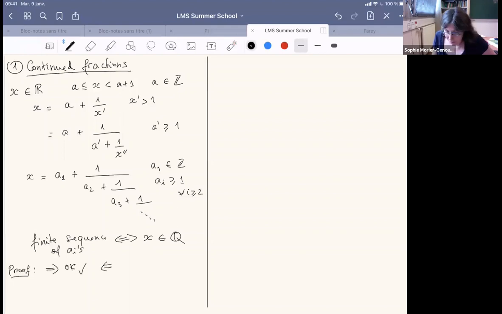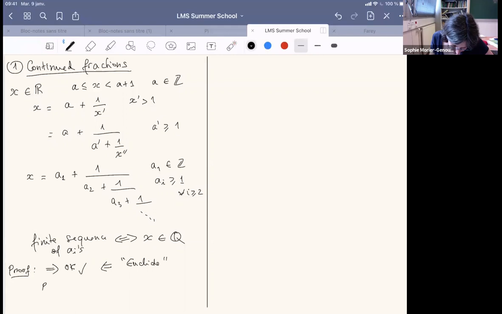For the other way, if you have a rational number, why would you stop at some point? This is due to the Euclid algorithm. So the keyword to prove the converse is to use Euclid. What do I mean by Euclid?